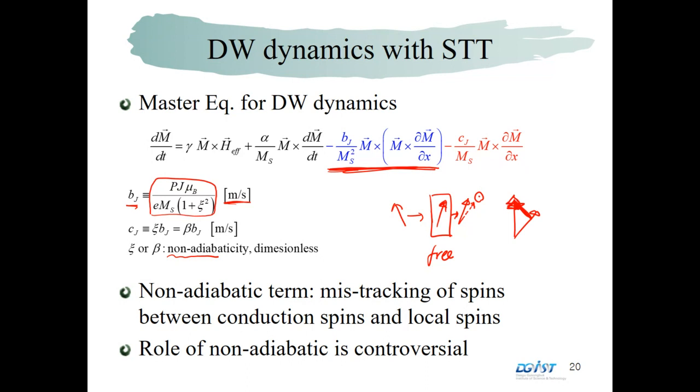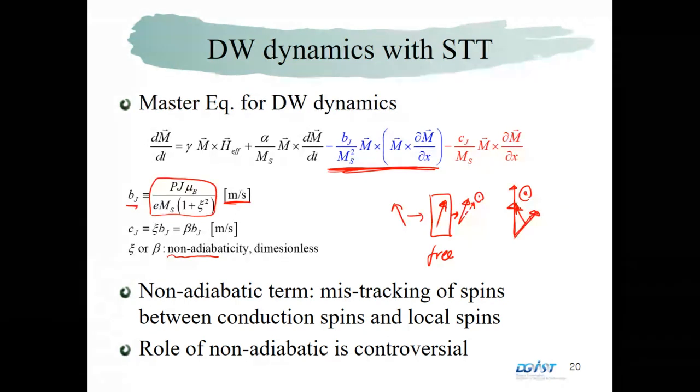Then this torque can have 3 components, and 2 of them belong to this plane. One is this direction, and the other one is parallel to the original spins. And then the remaining part should be perpendicular to this plane. That's what we call the non-adiabatic torque.